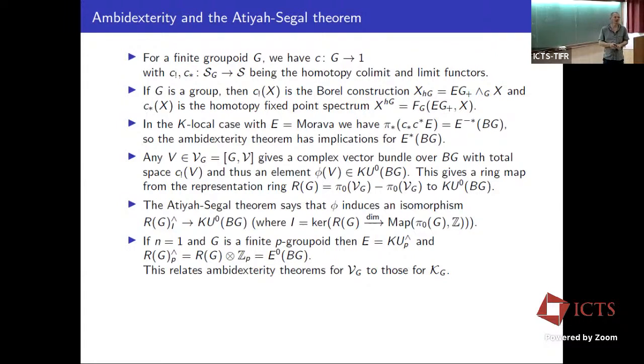Right, so the reason I said a p-group or a p-groupoid is that, you know, if G is a p-group, then the augmentation ideal is basically the same as the ideal generated by p.